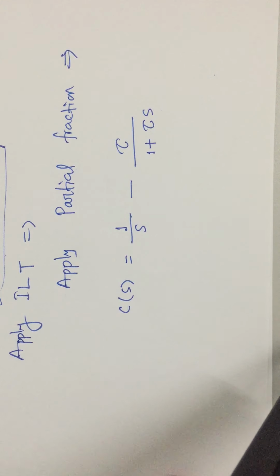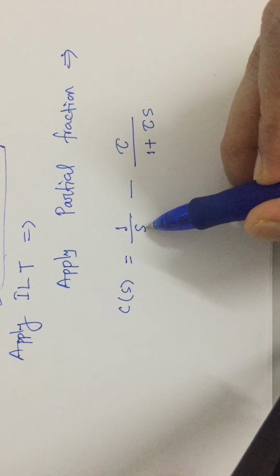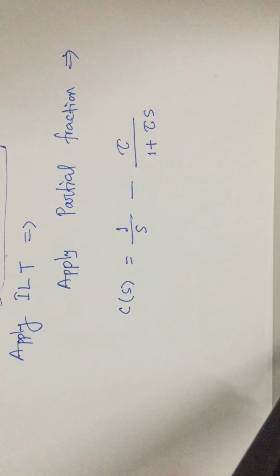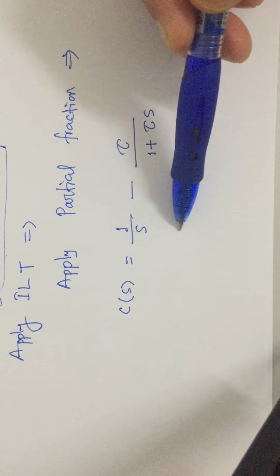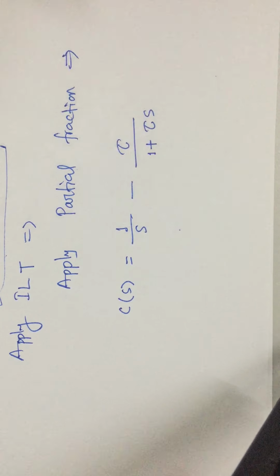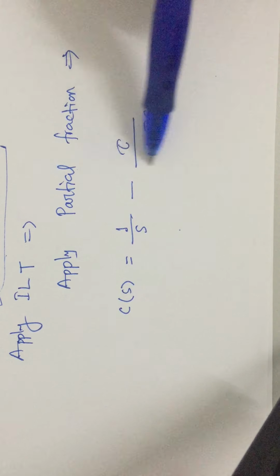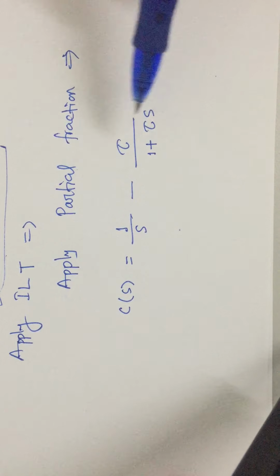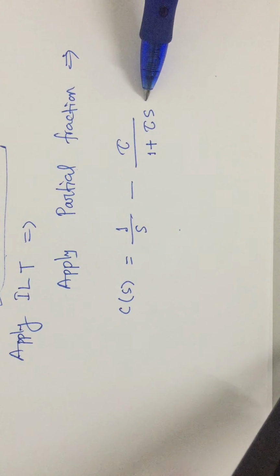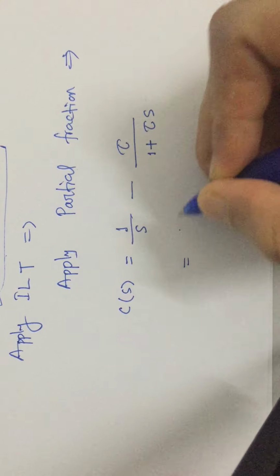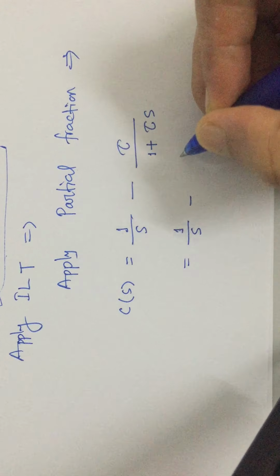So 1 over s, if we check in the Laplace transform table, we get 1. But for the other term, tau over 1 plus tau s, we do not have any formula like this, but we can do it like this.